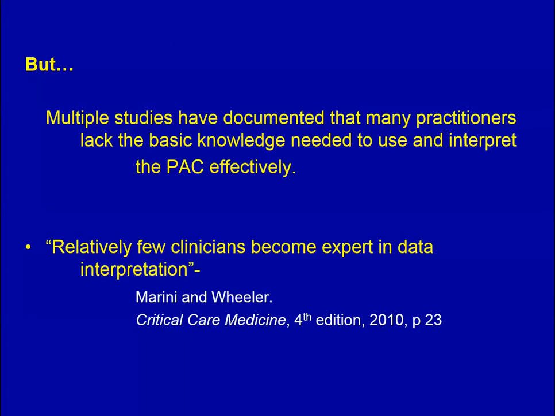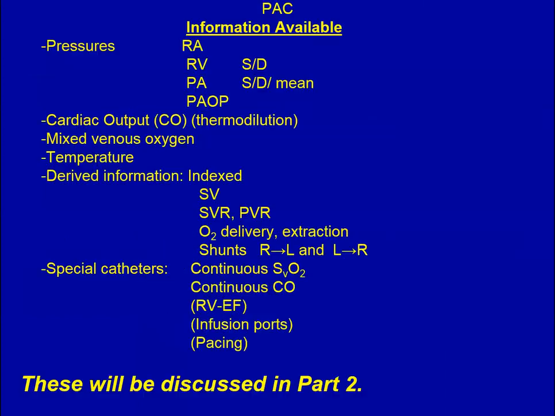On the other hand, multiple studies have documented that many practitioners lack basic knowledge needed to use and interpret the pulmonary artery catheter effectively. Therefore, one must become knowledgeable about this.